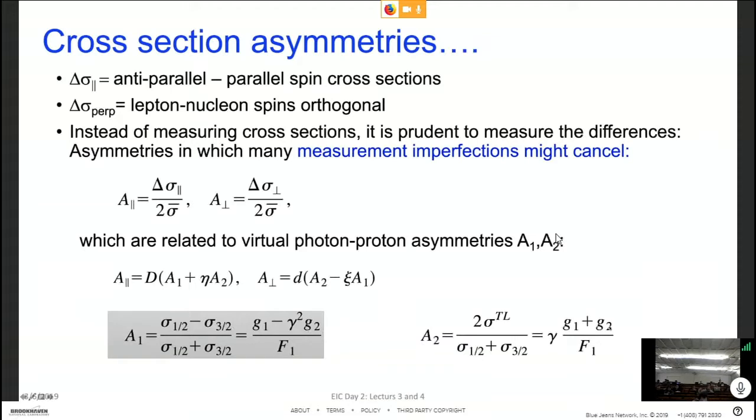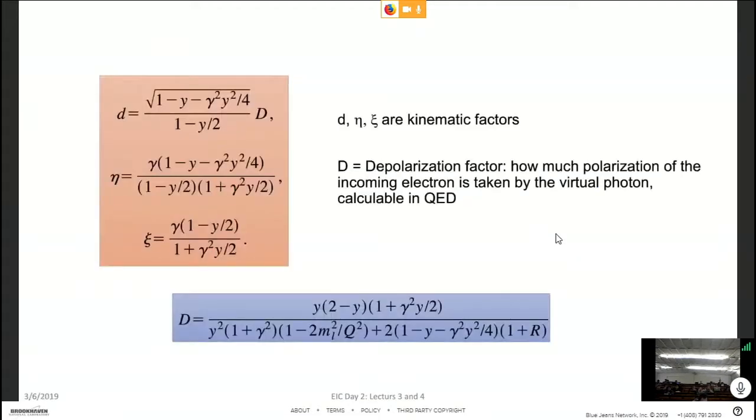These are kinematic factors. The one factor I want to emphasize is the capital D, the depolarization factor. Remember, we started with the electron that emits the virtual photon, and that virtual photon then hits the quark in this picture. So there is a transfer of polarization from the electron to the virtual photon, and that is characterized by this depolarization factor.